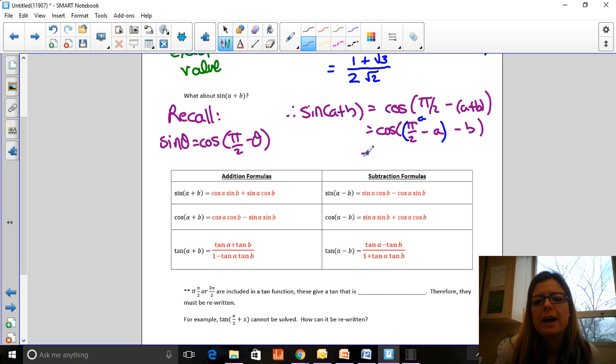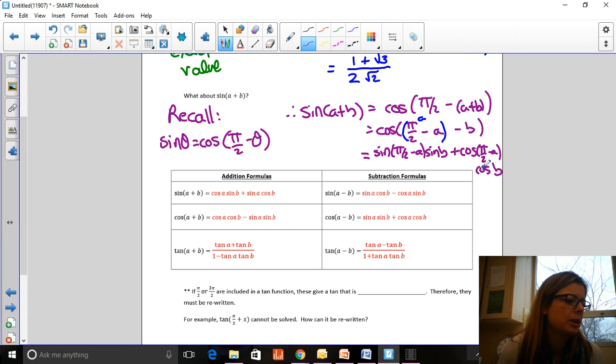So we know that from here is just equal to sine pi over 2 minus A sine B plus cos pi over 2 minus A cos B. Okay, and this is just, again, equal to cos A, from the co-function identities.